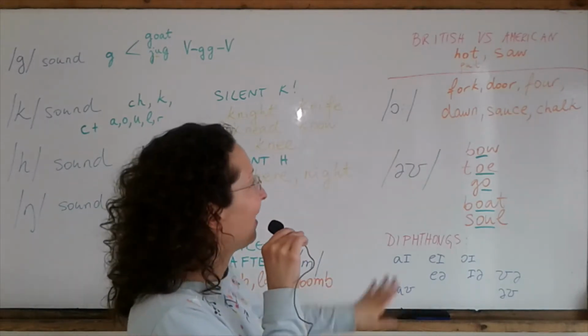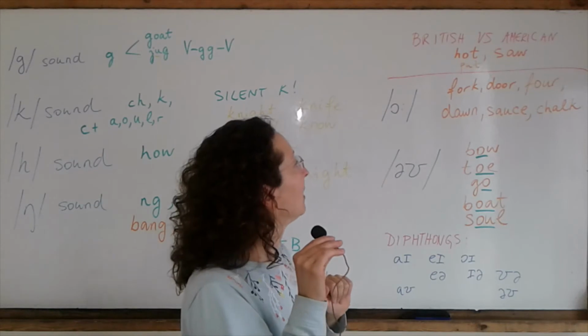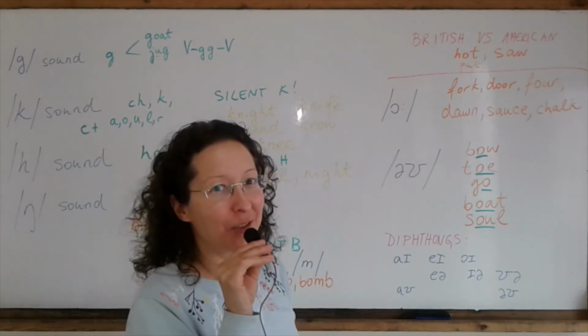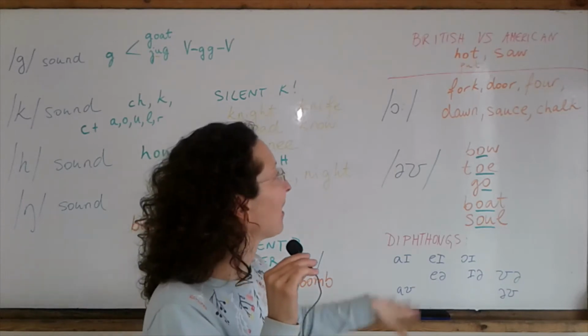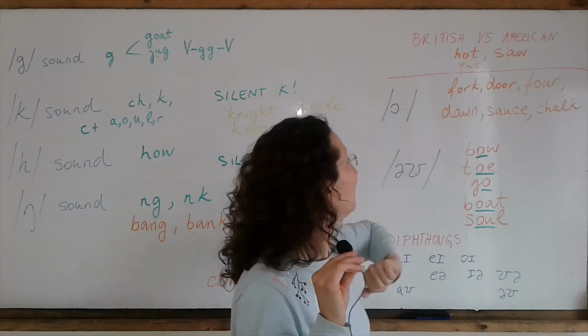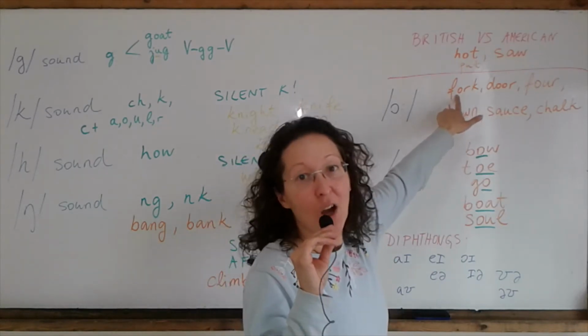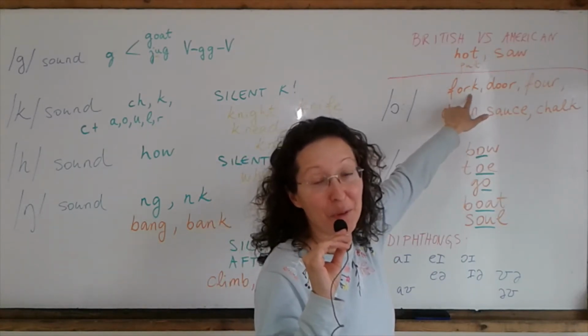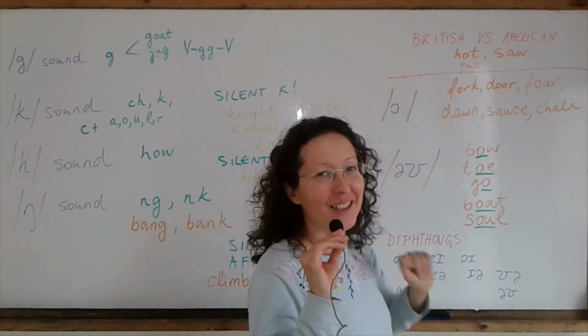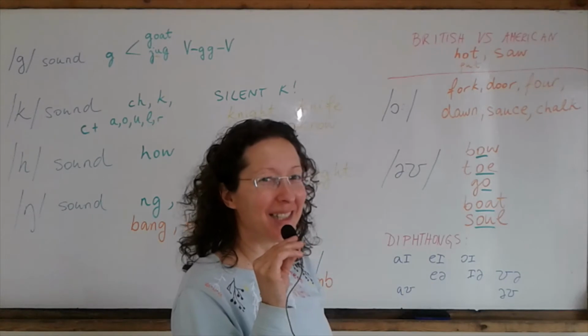We can write O in at least 5 different ways. With the letter A, AU, of course O, but before the R. And you know this rule from the previous lesson.